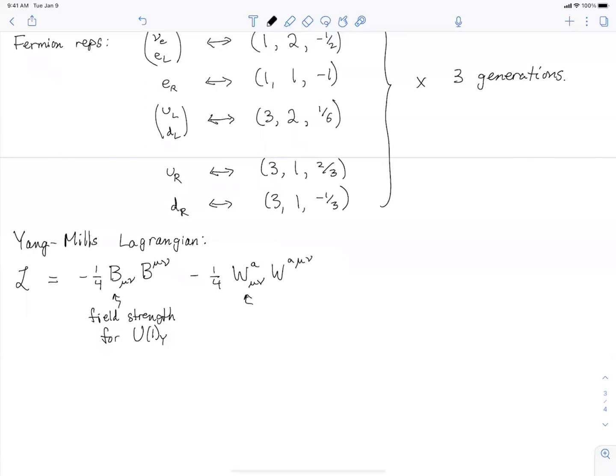So this is for SU2 left, A equals 1, 2, 3. And then for the gluons, which aren't going to be involved in spontaneous symmetry breaking directly, G A mu nu is for SU3 color, and A runs from 1 up to 8.